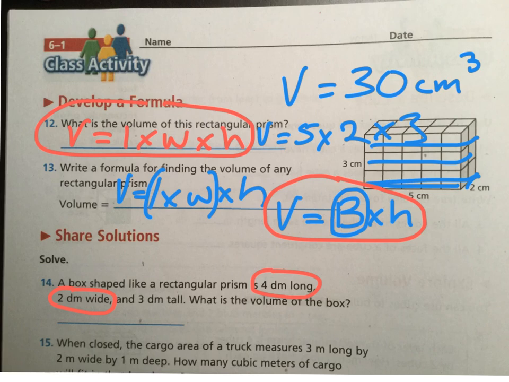So we could say that that part, the base, is 4 times 2 is 8. That 8 would be equal to the base, capital B. And then that 8 times the 3, 8 times 3, is 24, and that would give me the volume. Volume is equal to 24, and this is decimeters cubed.